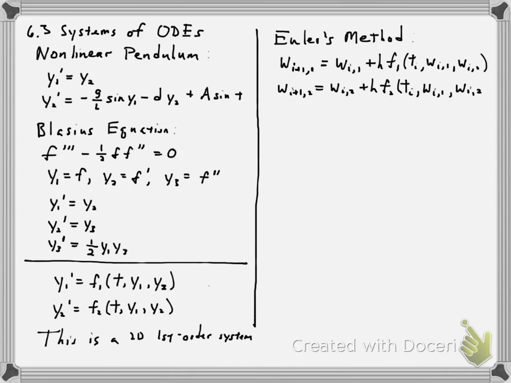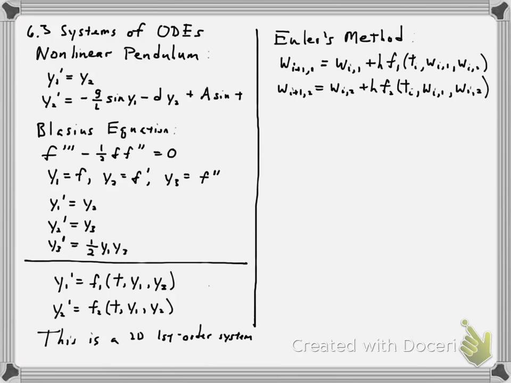So you can see that there are a few things that need to be kept straight here, and so let's look at an example now where we use Euler's method to solve a two-dimensional first-order system.